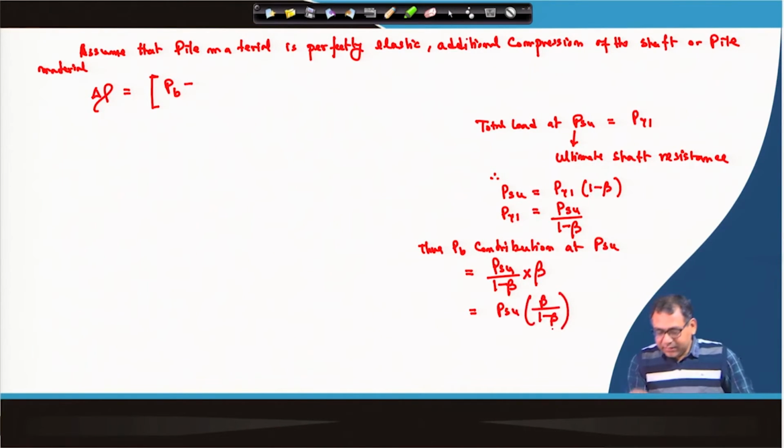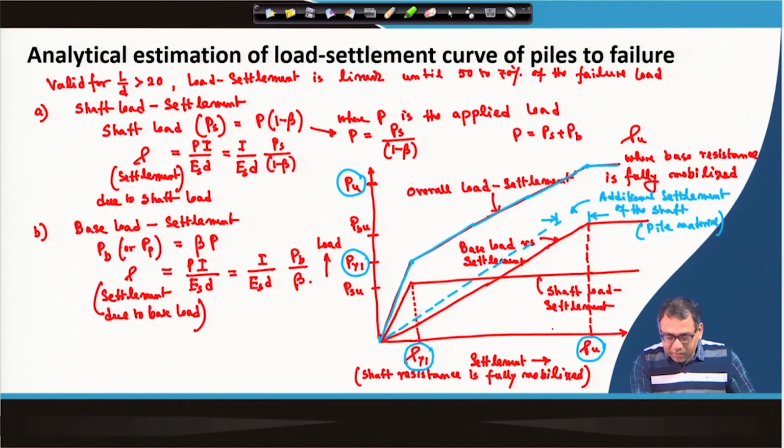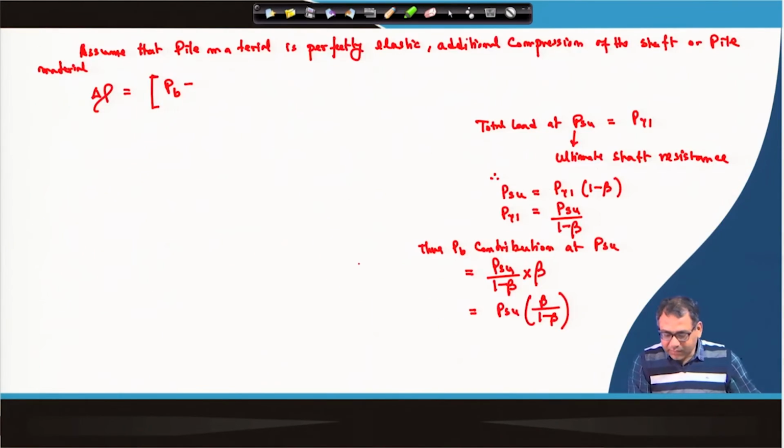So, that is clear. When the total shaft resistance is fully mobilized, that means at the ultimate shaft resistance, the total load, shaft resistance plus tip resistance, is P y 1. When the total load is P y 1, the shaft resistance will be P y 1 into 1 minus beta.